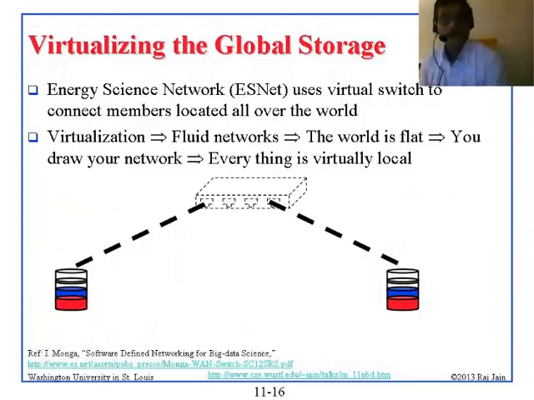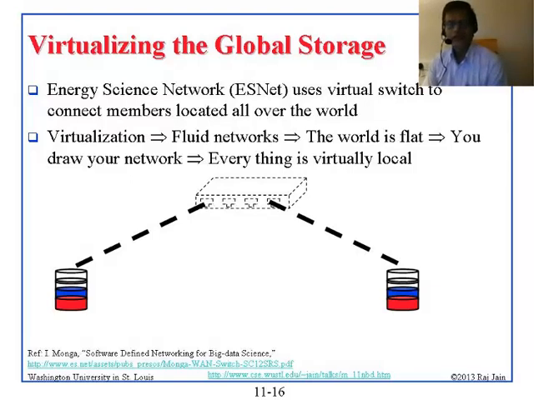All right, so that is the next slide, virtualizing the global storage. And this is already being done. Energy Sciences Network, ESNet, uses a virtual switch to connect members located all over the world. So they might have the disk located in Japan, USA, France, Germany, whatever countries.